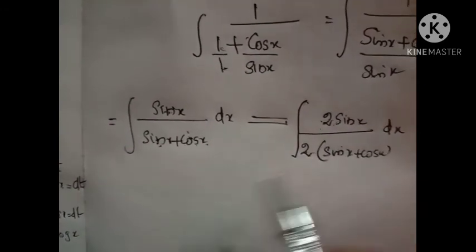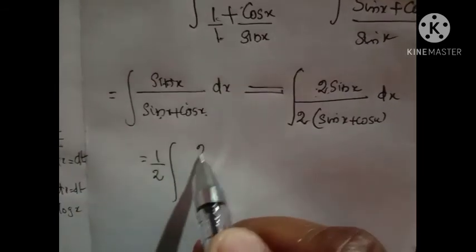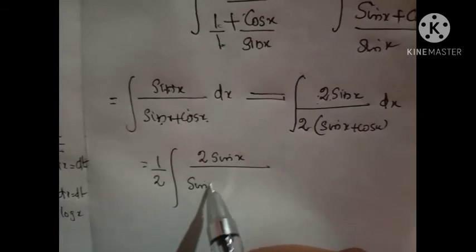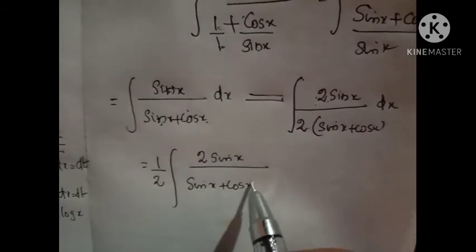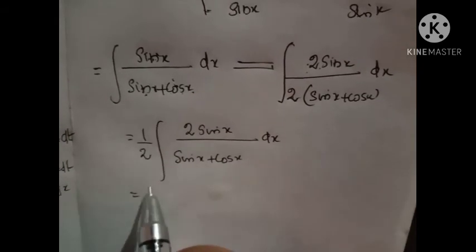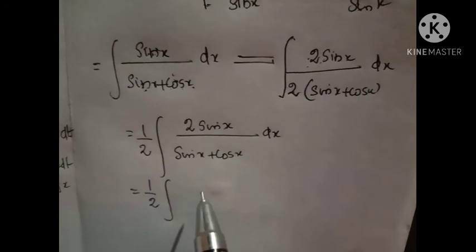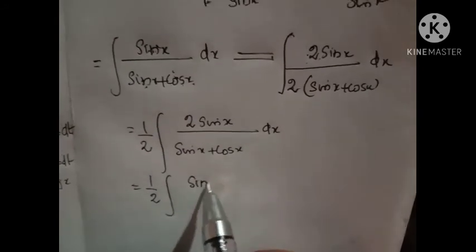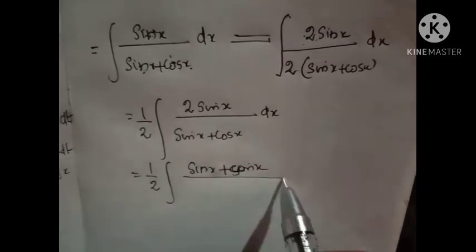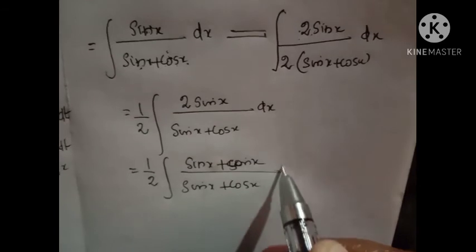Now take this 1 by 2 outside. 1 by 2 into integral 2 sin x by sin x plus cos x dx. Okay. Now 1 by 2 into integral, split 2 sin x as sin x plus sin x, okay, by sin x plus cos x dx.